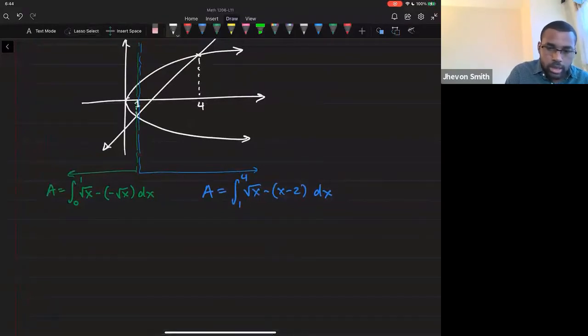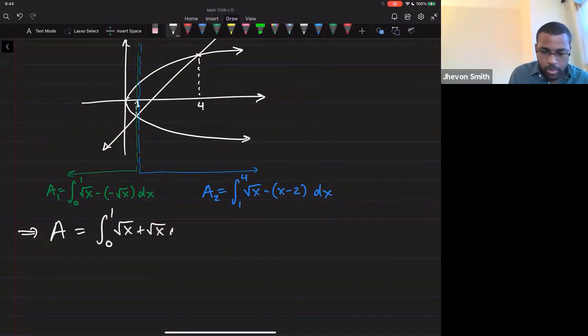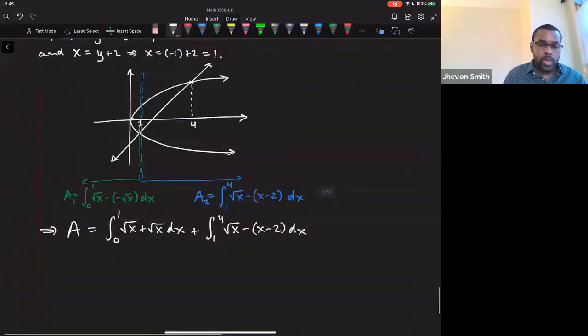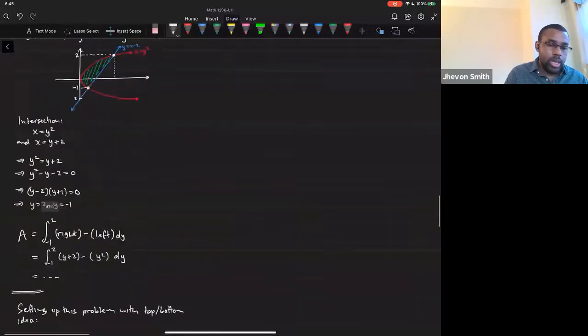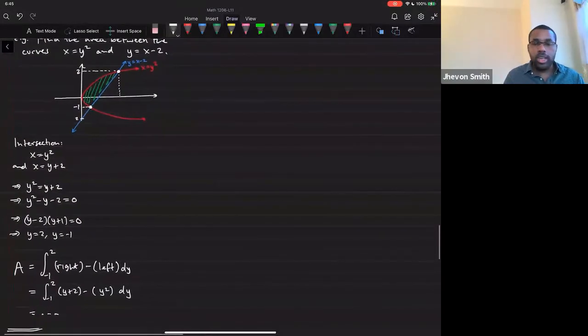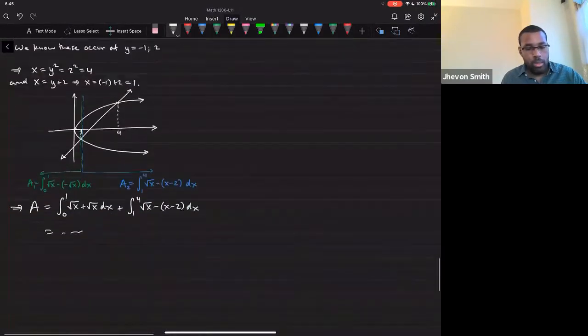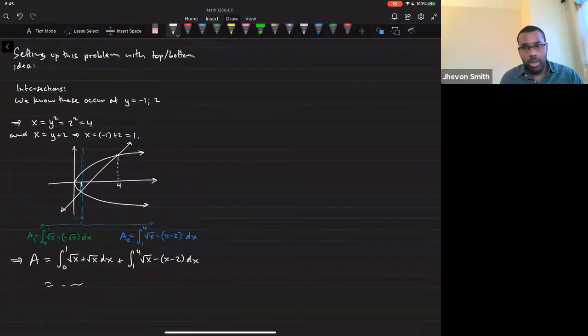So this means that, let's call this A1 and A2. This means that your A is going to be the sum of these two integrals. And you'd have to compute two integrals to get to the answer, right? So sometimes just by changing your perspective, you can actually get an answer in a lot less time, like half the time, as opposed to here where it'll actually take longer.